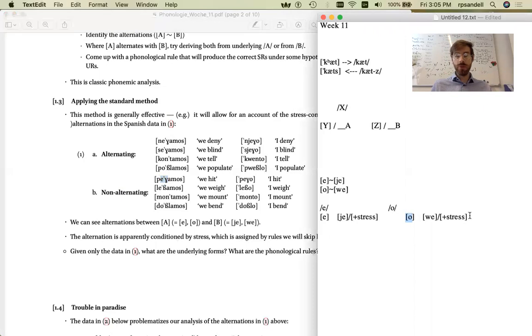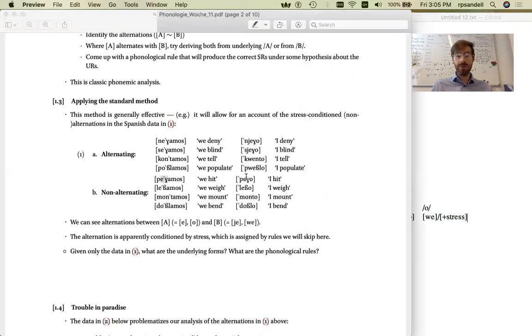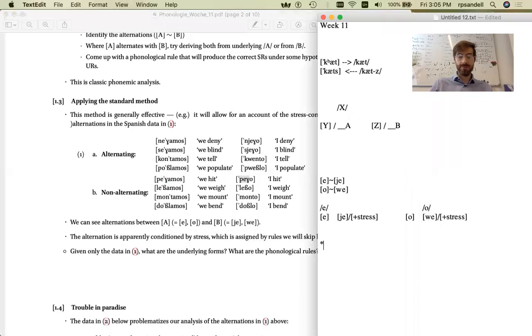If we assume that we're going to derive diphthongs from underlying monophthongs when they occur under the primary stress, then we should expect to find forms like yego, or yevo, which don't actually occur in the data.